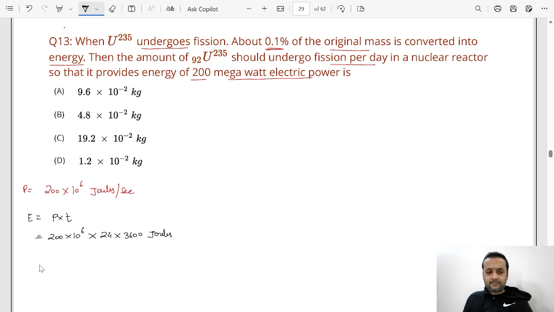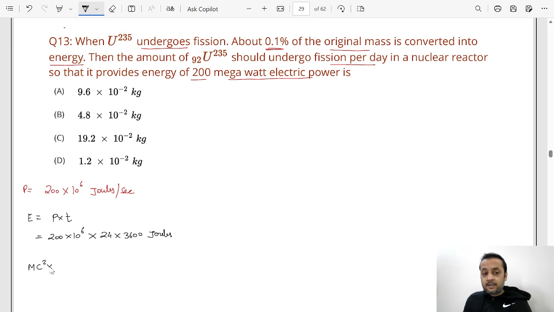Now let us say m mass of uranium should be burnt in one day, which is what we have to find. If m mass of uranium is burnt in one day, then how much energy will be produced? mc square. But remember, the question is also saying that only 0.1% of the mass gets converted to energy. It would have been mc square if the entire mass converted to energy, but only 0.1% of m will convert.